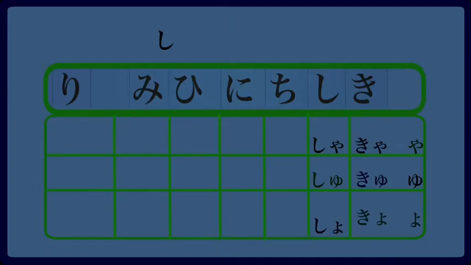Some words that use these letters are shi with a little ya, sha, shi, n, shashin. Shashin is the Japanese word for a photograph.